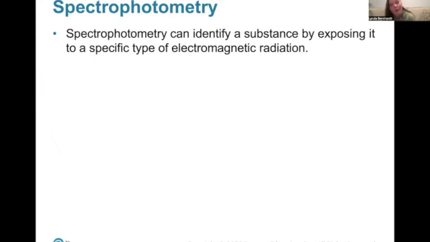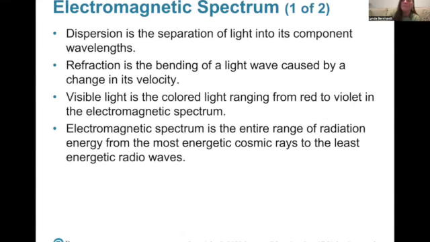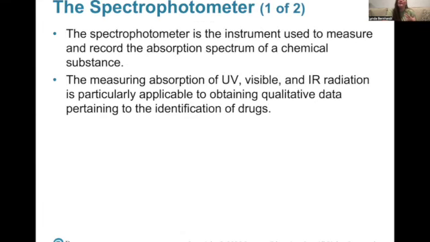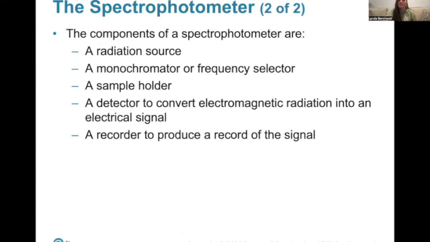And then that one, spectrophotometry. I had to play with these things in one of my chemistry classes, and I could never get that name right. This one identifies the substance by exposing it to a specific type of electromagnetic radiation. It's pretty cool. So all of these are different ways that they can test for the different types of drug.